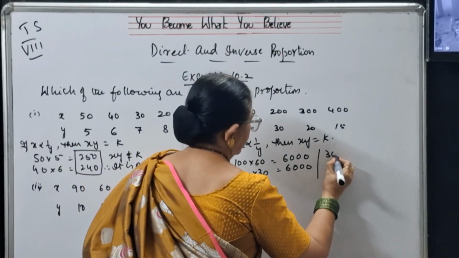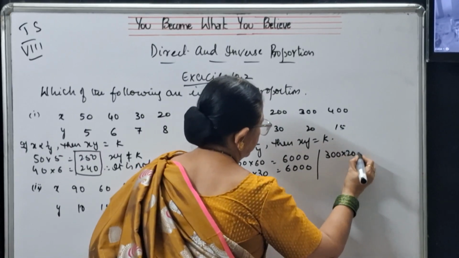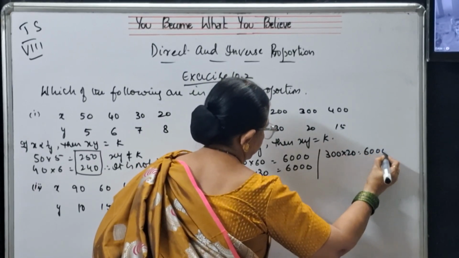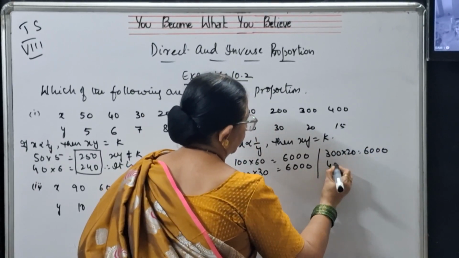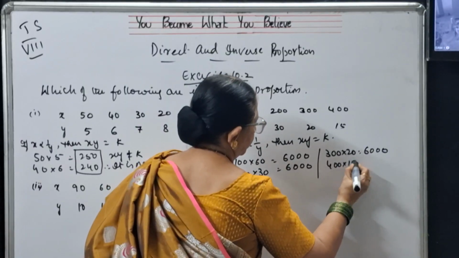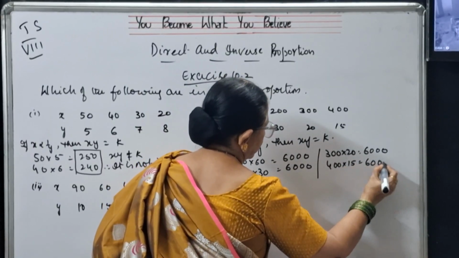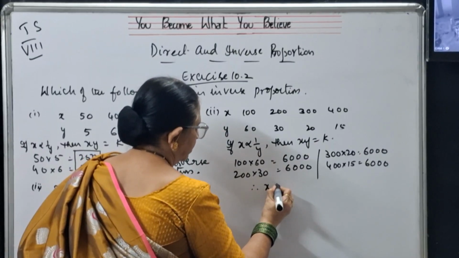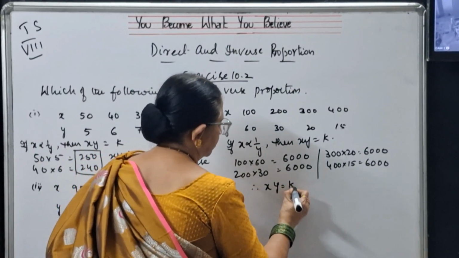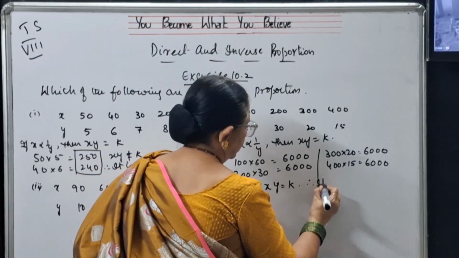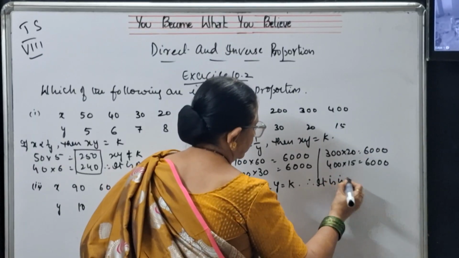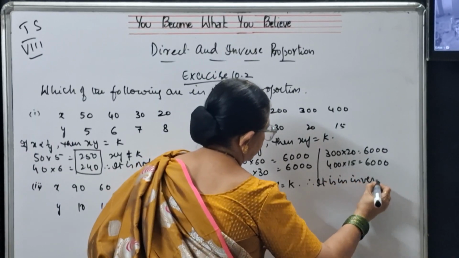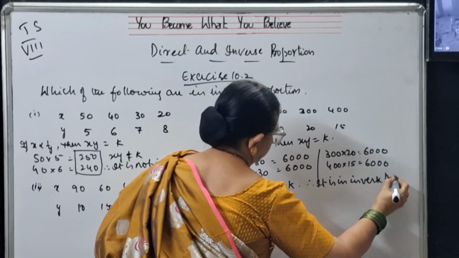Then 300 into 20, this is also 6,000. 400 into 15, 15 fours are 60, so 6,000. So what are we getting? X into y is constant. Therefore, it is in inverse proportion.